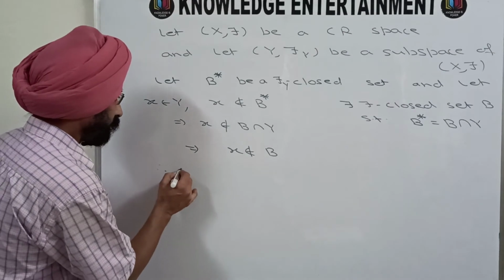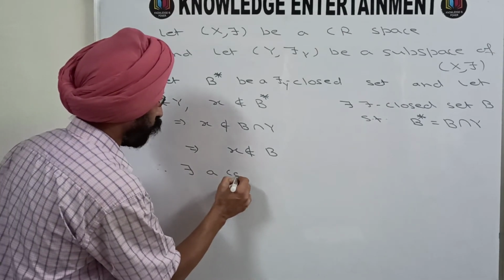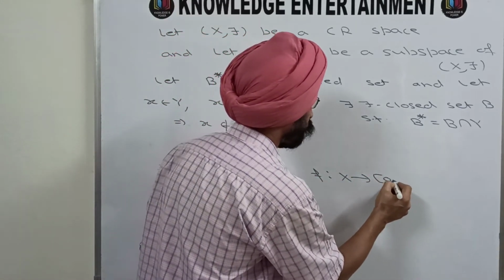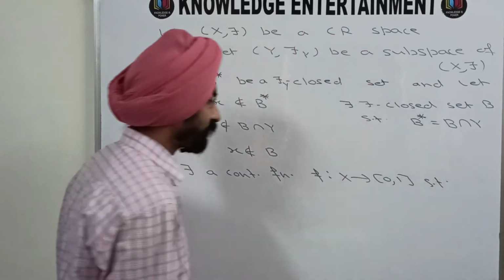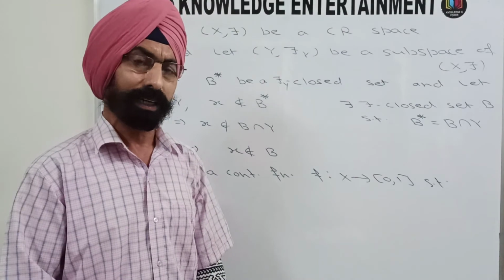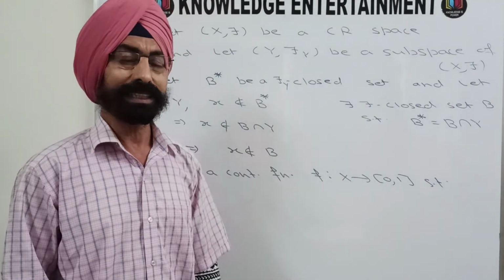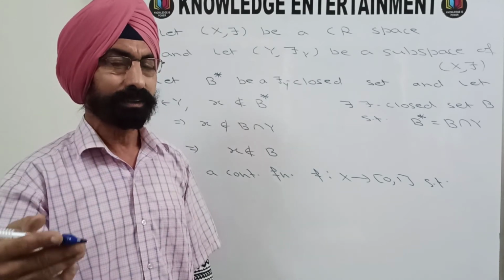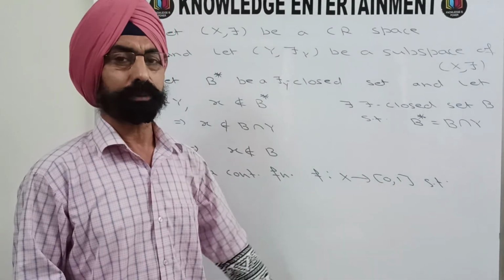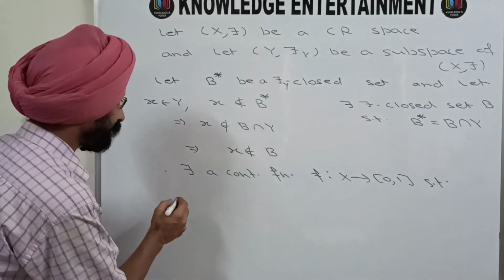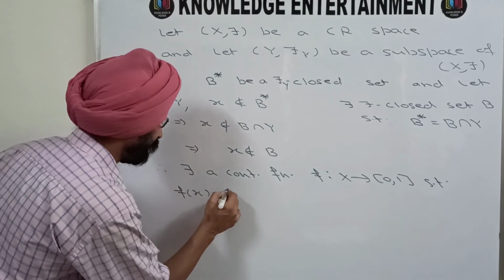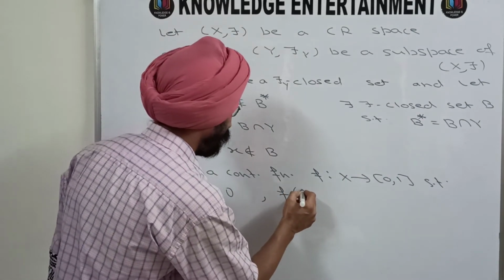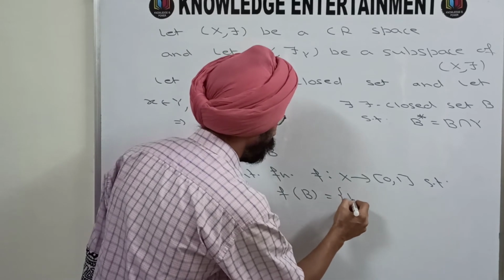So there exists a continuous function F from X to the closed interval [0, 1], where you must understand that the closed interval [0, 1] is considered as a relative subspace of the set of real numbers with usual topology, such that the image of x is 0 and the image of every point of B is 1.